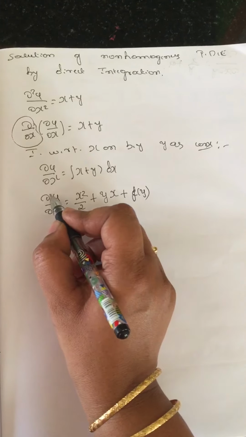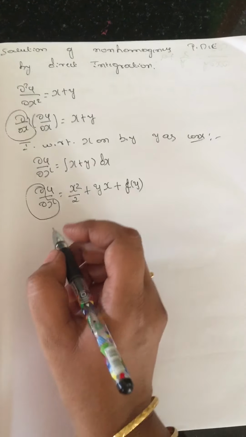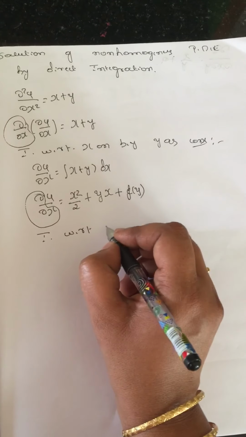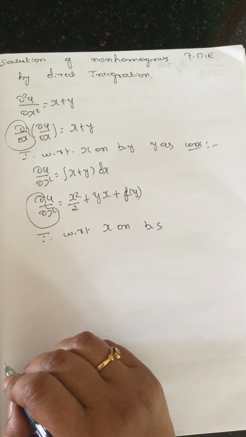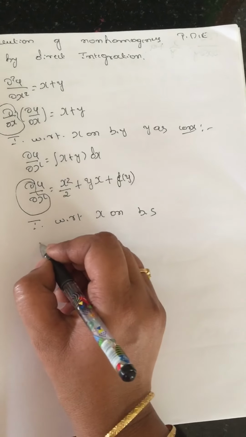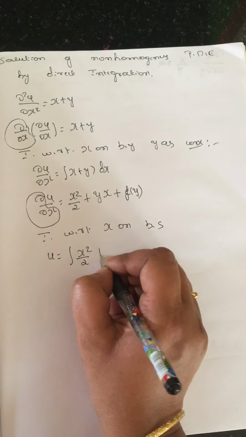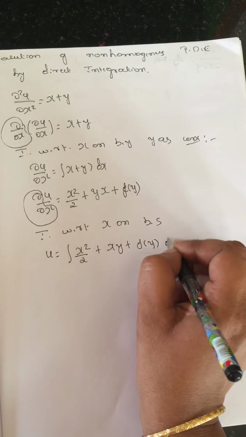Next step, here we need to eliminate del by del x. Del by del x means again integrate with respect to x on both sides. Again we treat y as a constant, that is u is equal to integral of x square by 2 plus xy plus f of y into dx.